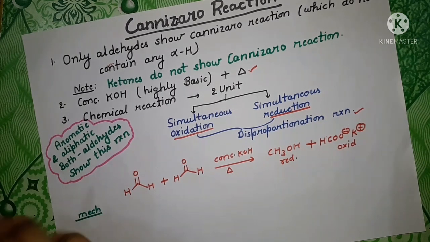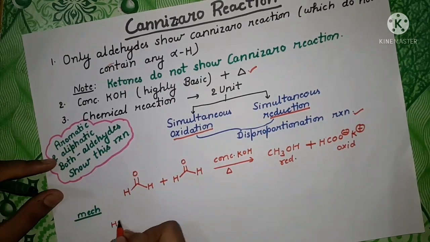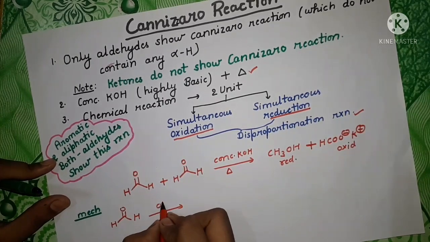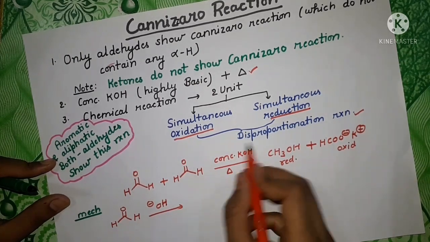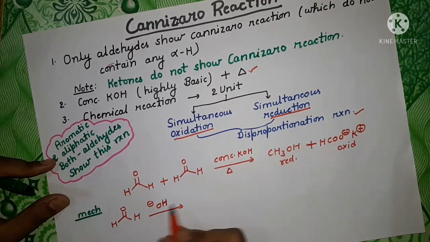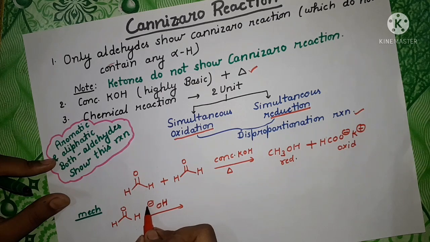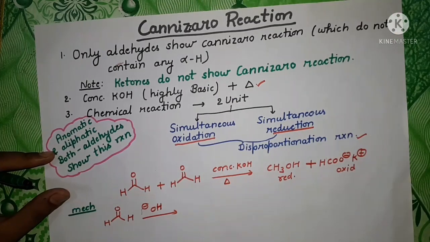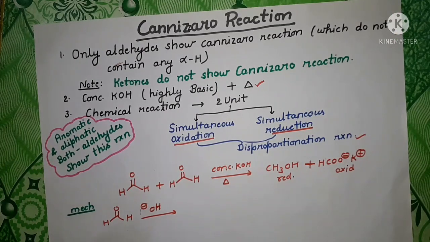In the mechanism part, 1 mole of the aldehyde is going to react with the concentrated nucleophile, meaning the concentrated alkali, and this alkali is going to act as a nucleophile, because in this case we can see that there is no acidic proton, but in case of aldol we can see that one acidic proton was there.